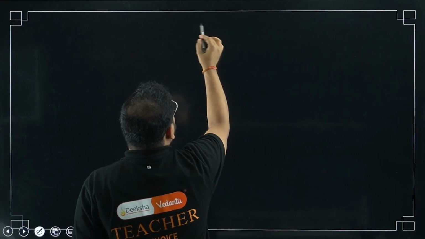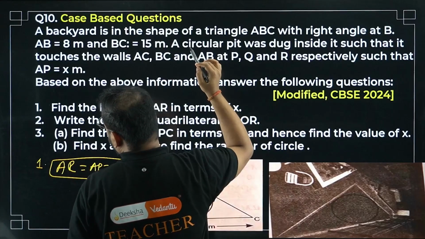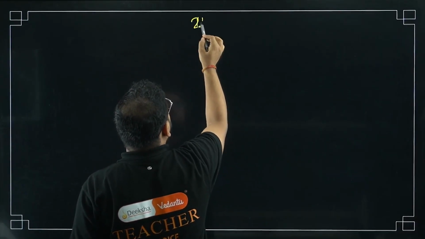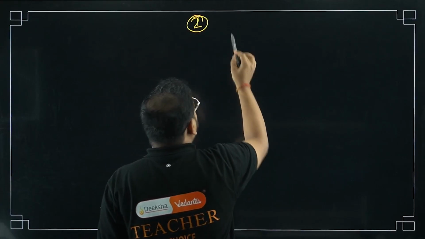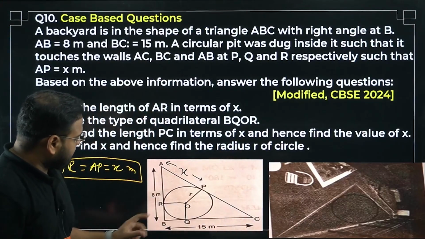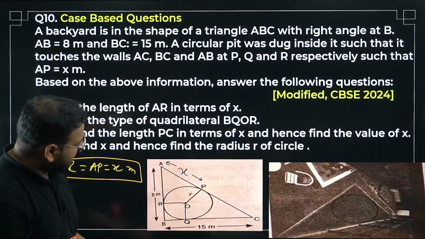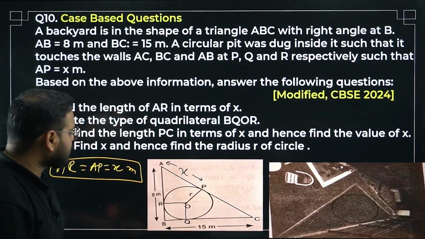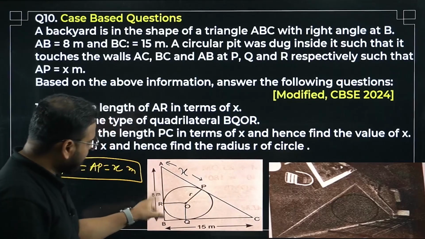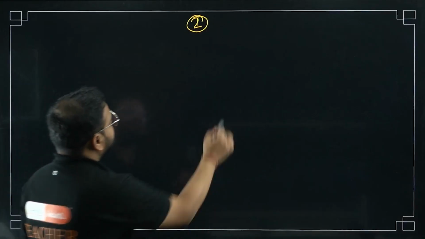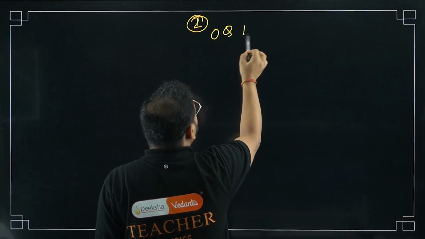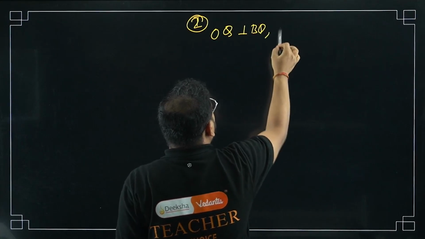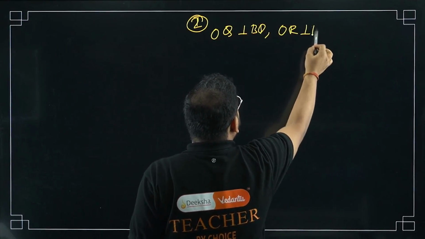Check carefully. OQ is perpendicular to BQ, and OR is perpendicular to BR.